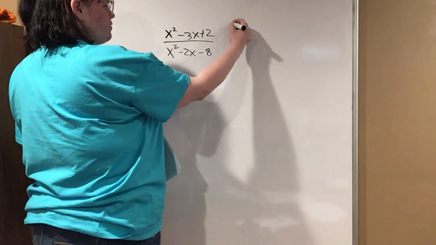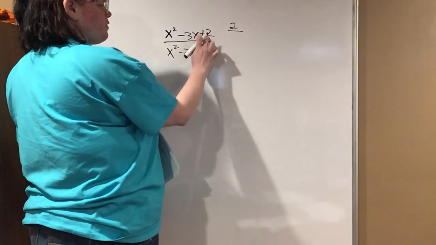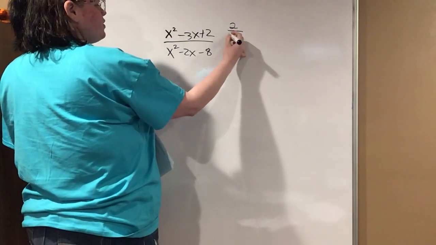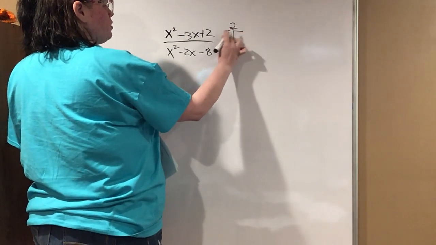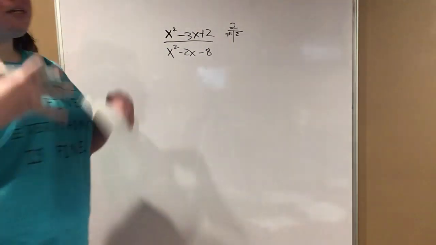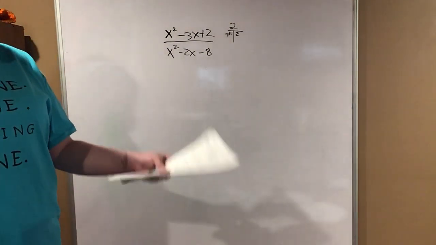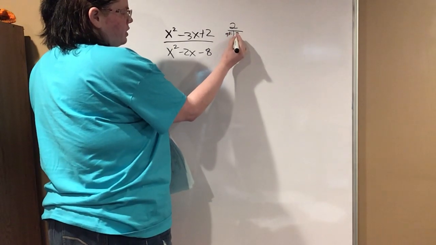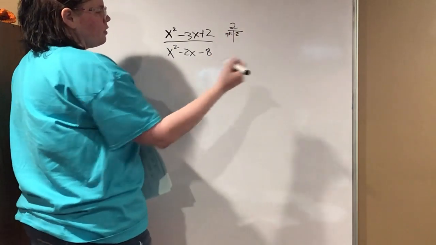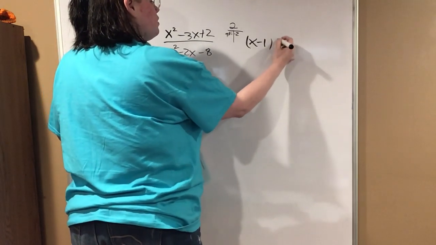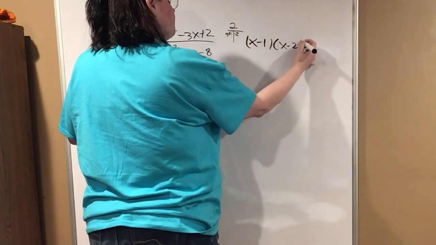You need factors of positive 2 that add up to a negative 3. Your factors of 2 are 1 and 2, and they have to add up to a negative 3 but multiply to a positive 2. So both of these are going to be negative, and our top is x minus 1 and x minus 2.